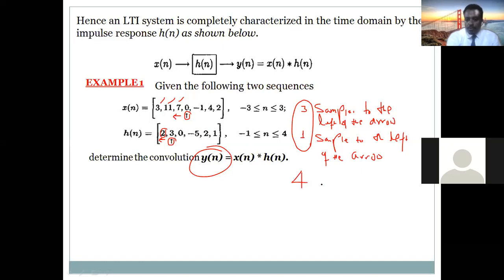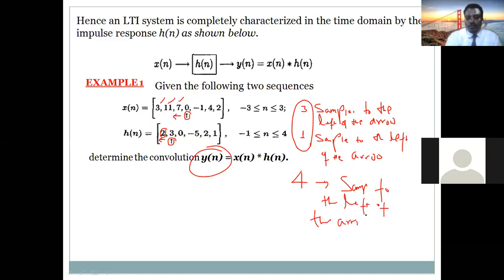Okay. For output, we have 4. We must have 4 samples to the left of the arrow. This is for our output.